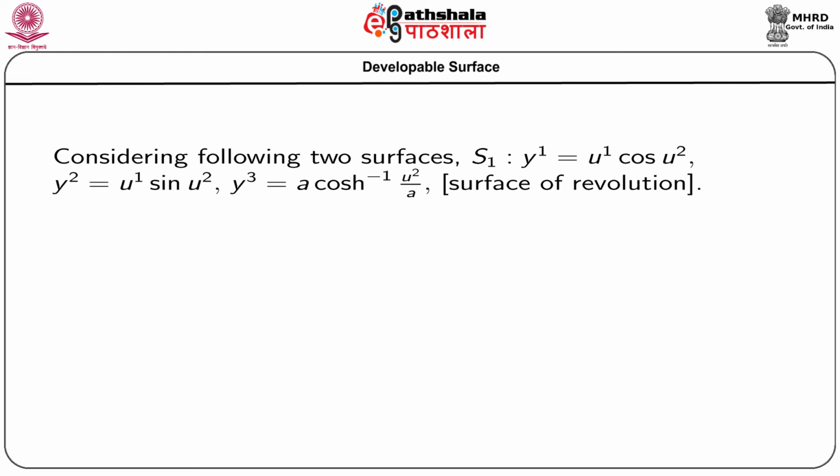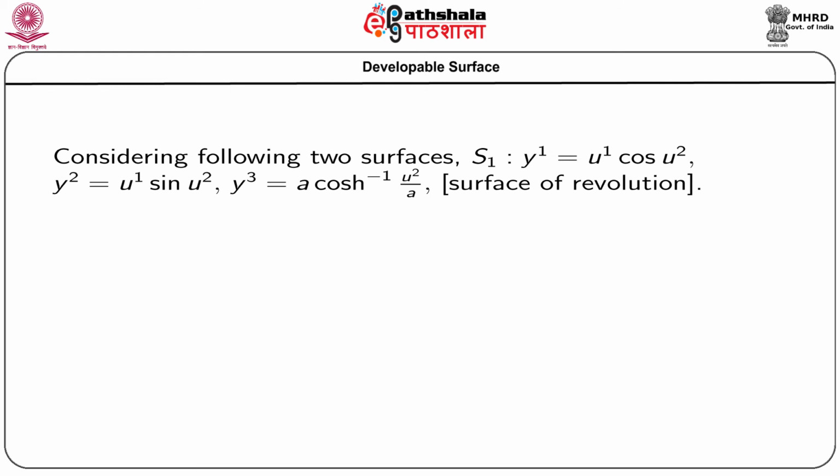Consider the two surfaces given by S1: y1 equals u1 cos u2, y2 equals u1 sin u2, y3 equals a cosh inverse (u1 by a), which is also a surface of revolution.